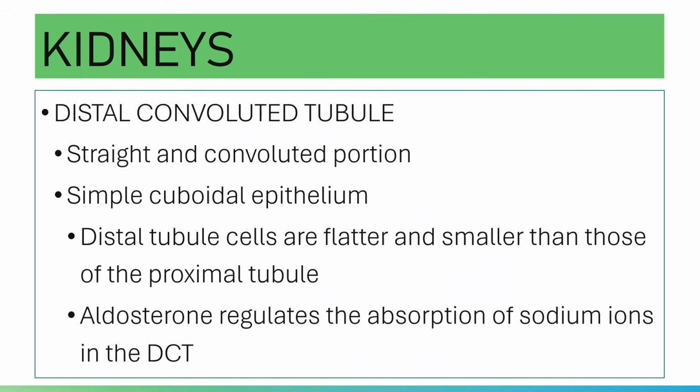Distal convoluted tubule. Please note that your DCT has a straight portion and a convoluted portion, same with your PCT. Your simple cuboidal cells of the distal convoluted tubule differ from the PCT because the cells in your DCT are smaller and do not have a brush border.